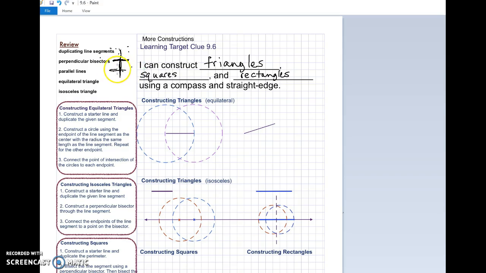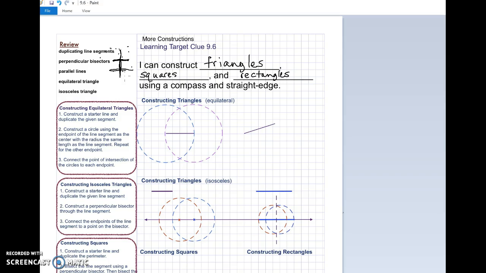Then I'd end up with parallel lines, wouldn't I? Because if two lines are parallel, then they're perpendicular to the same line.